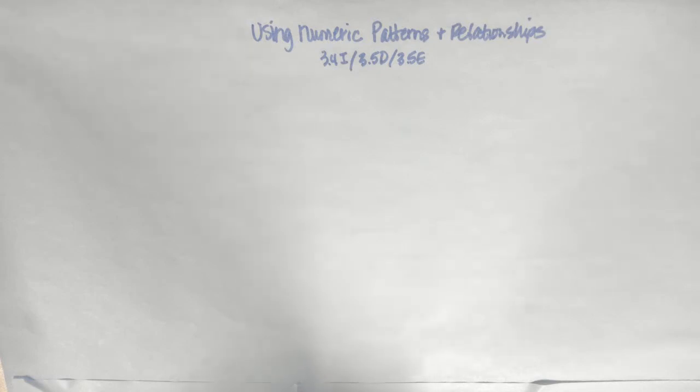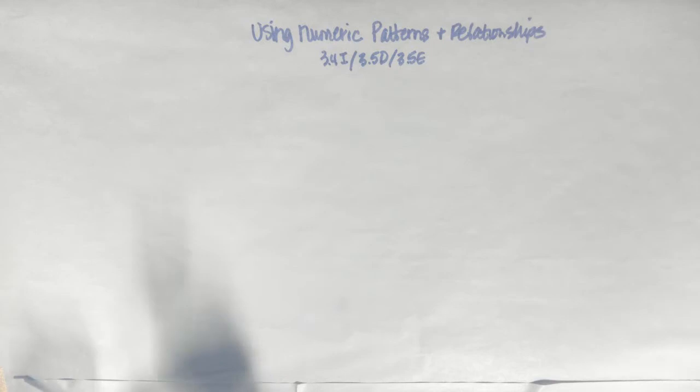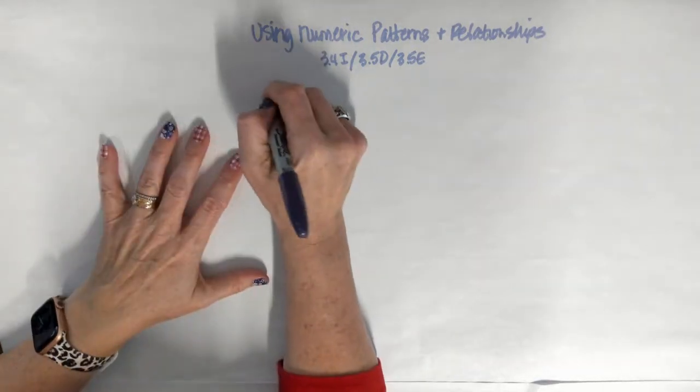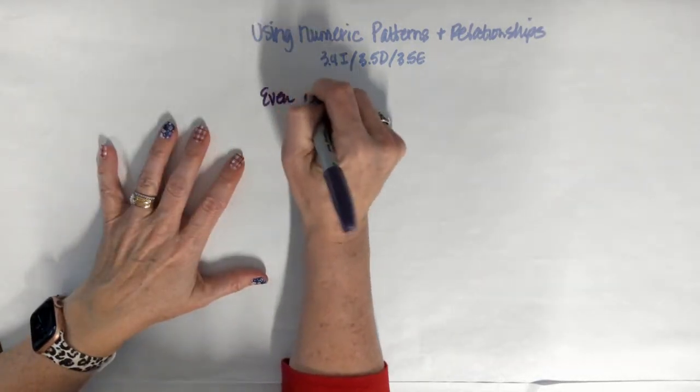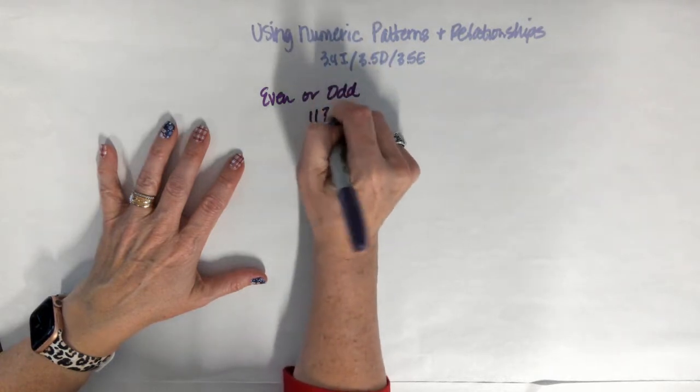So in 2nd grade, students learned what even and odd means by making pairs. They might have been asked if a number was even or odd. Let's say they were asked about the number 11.